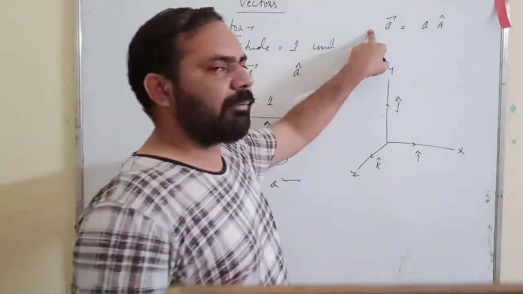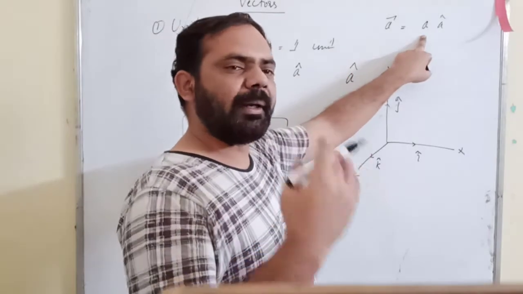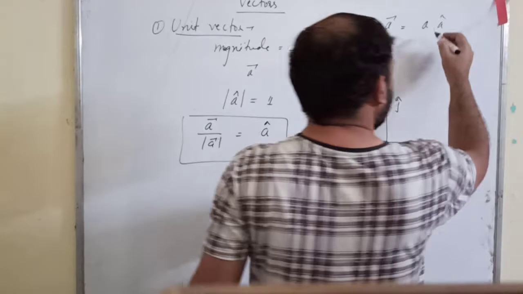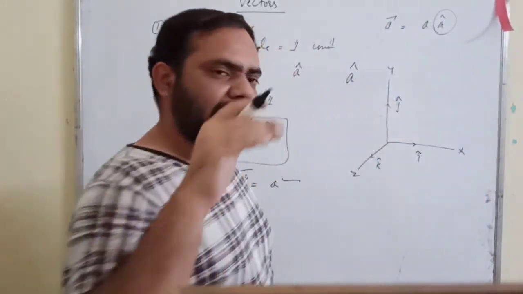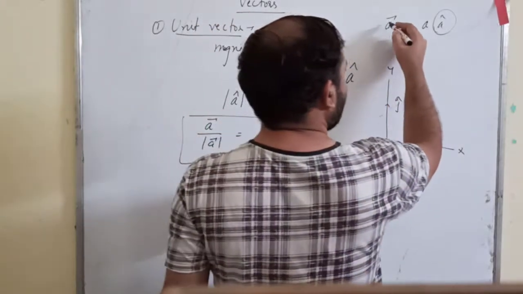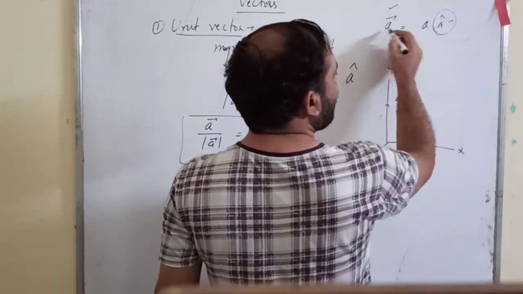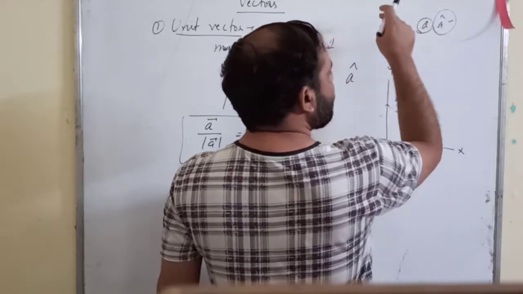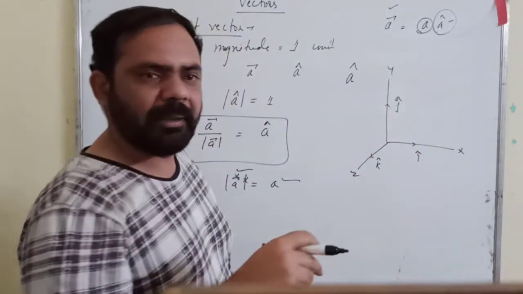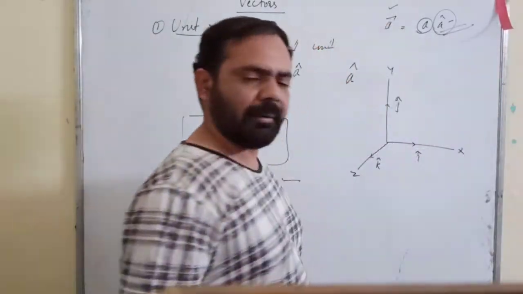So whenever you have a vector, you have a magnitude, and that magnitude is associated with a unit vector. What is the direction of a vector? It is the direction of A cap. How much is the magnitude of the vector? This is A. So the direction to a vector quantity is always given by this unit vector. Remember this.